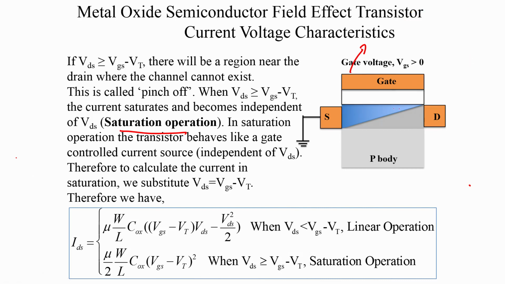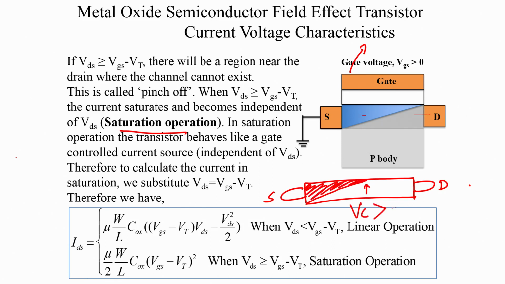Think of this channel, this entire region between source and drain, as a resistor. Let us say we have hit the pinch off. The drain is sitting there, the source is sitting here, and there were electrons all the way till this point, but then the channel potential at this point is now greater than VGS minus VT, and therefore, this region is all pinched off.